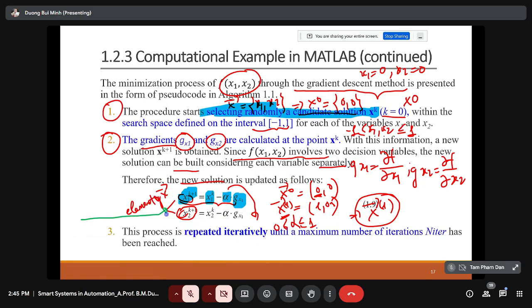We update each element, and when we have updated all elements, you get the new solution. This process is repeated iteratively until a maximum number of iterations has been reached, and then we can stop.